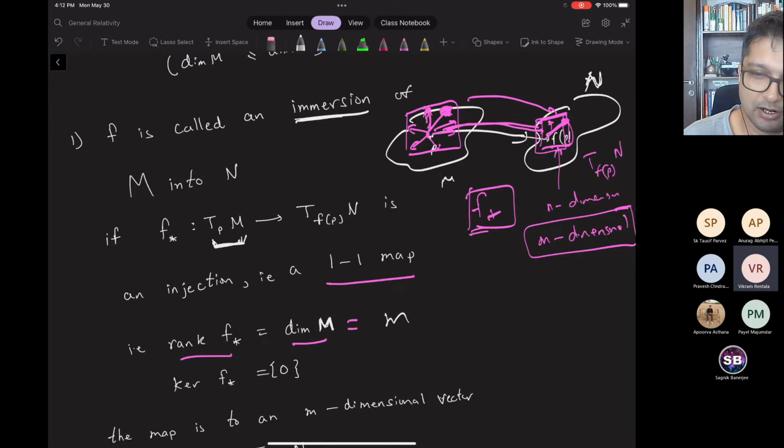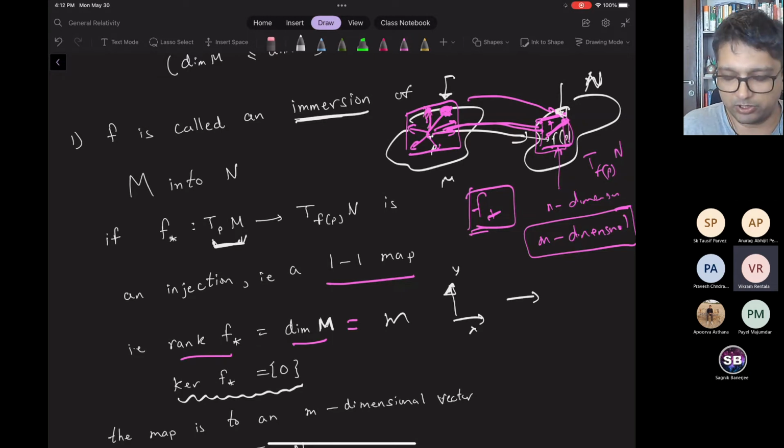Or in other words, the kernel of f star is 0, which means that if I have a non-zero vector here, this is always mapping me to a non-zero vector here. What can happen, for example, if you imagine a 2D vector space, something like x, y, and I map this such that anything which has a y component gets squished to just having an x component.